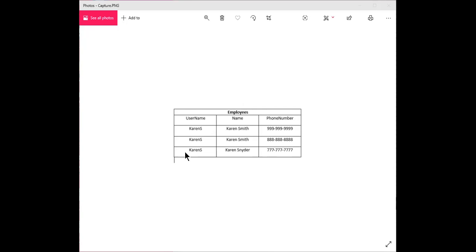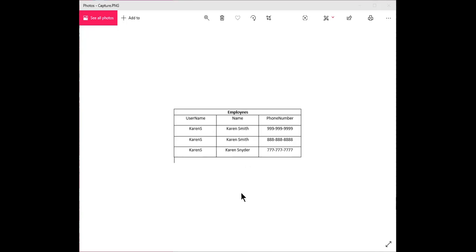So you would create another table that outlines all of the employees' contact information, okay? But also, here's another problem down here. Yes, we have a different name and a different phone number for Karen Snyder, but Karen S is still the username here, okay? So now we have a question of, is this supposed to be Karen Smith or is this supposed to be Karen Snyder?